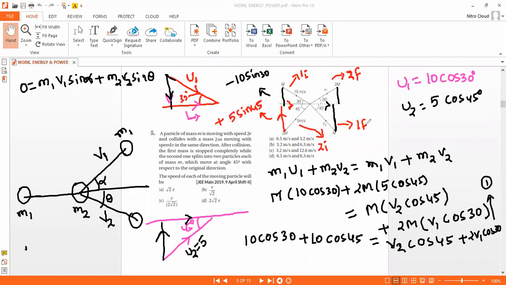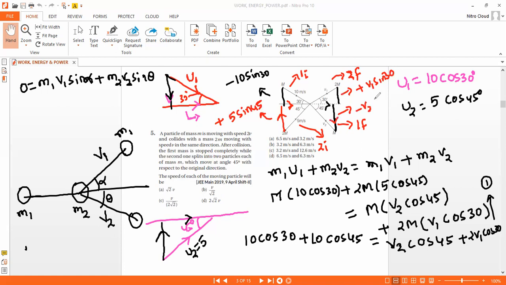Here it is upward direction, so plus v1 sin 30, and here it is downwards, minus v2 sin 45.